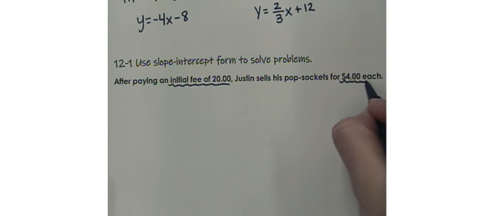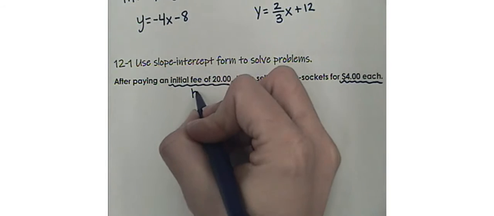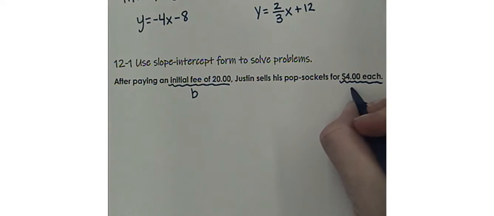This is our rate of change, or our slope. We don't know if he's selling 2 or 5 or 28. We don't know how many he's selling. So this is my y-intercept, my beginning point. This is my slope, my rate of change, my m.